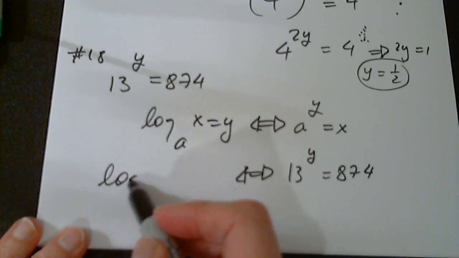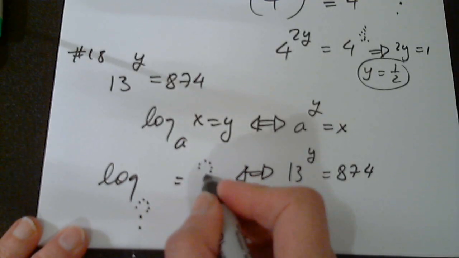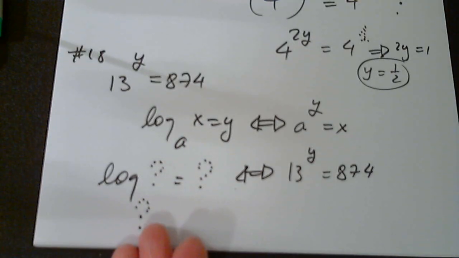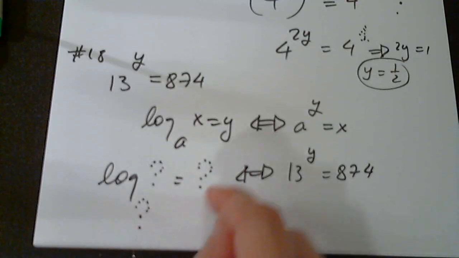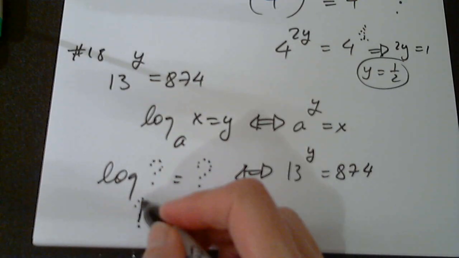I have a log, I have to have a base, I have to have a number here, and I have to have a number here. And I know exactly how I start. This raised to this equals this. So what do I put here? 13. Of course.